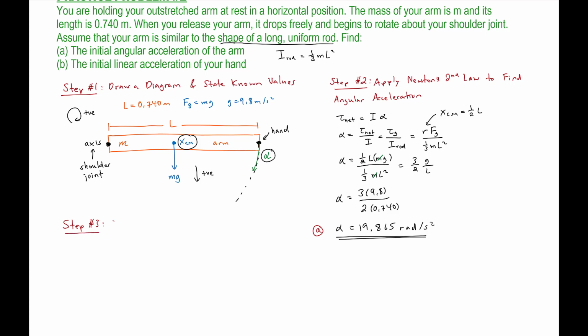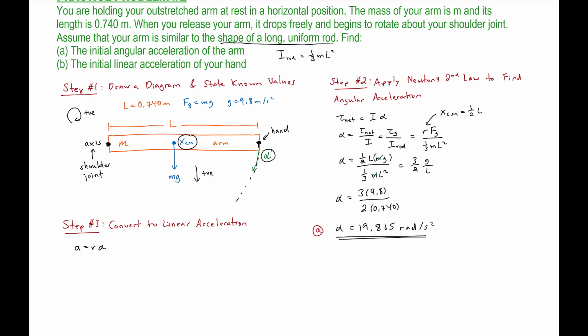We want to convert to linear acceleration. So to convert to linear acceleration, we just use the conversion equation from the rotational to linear worlds. We just use a equals R times alpha.